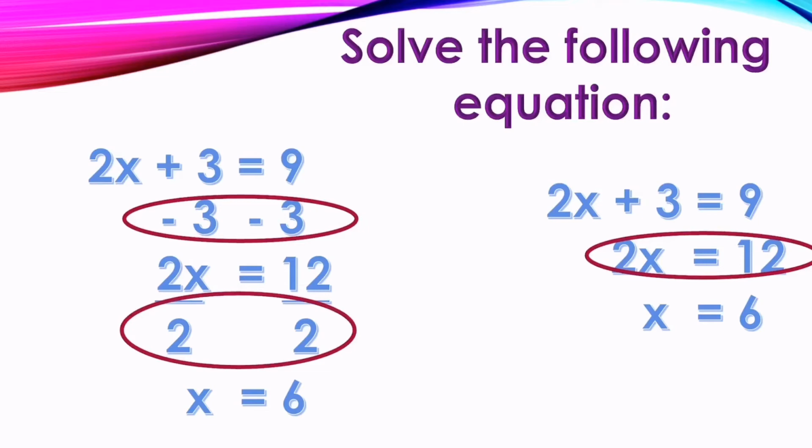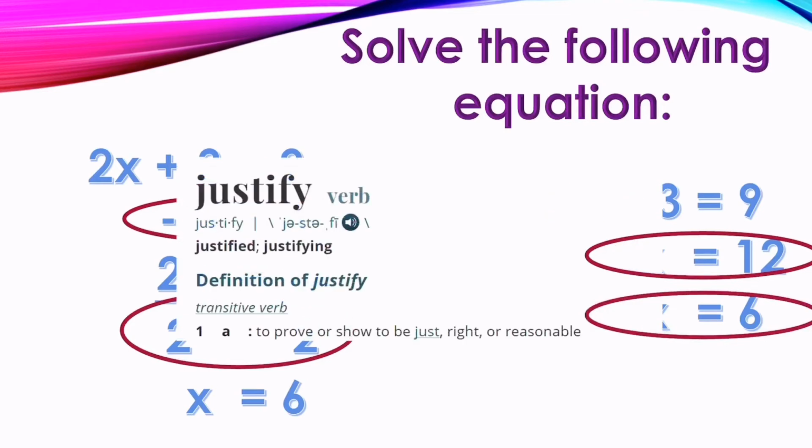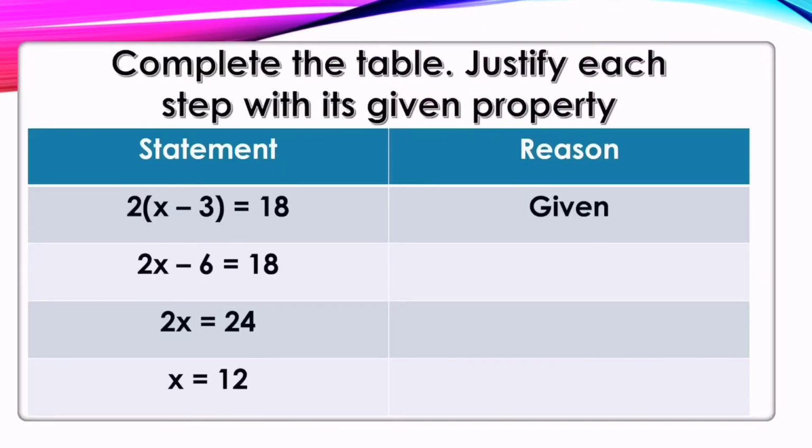Because dividing by 2 is what got you to this. So the property is the division property of equality. That's what got you to that next step. Okay? What you're doing is you are justifying. You're proving or showing it, and you're explaining why it happened, what allowed you to do it. You have to justify. So let's go justify each step.